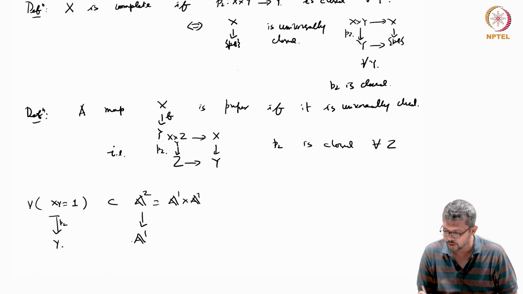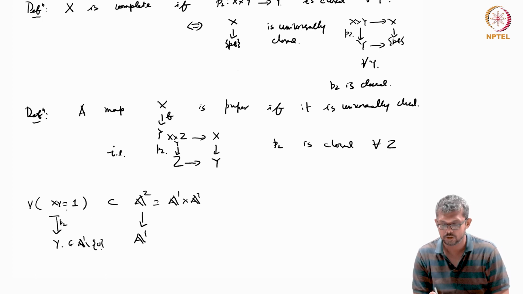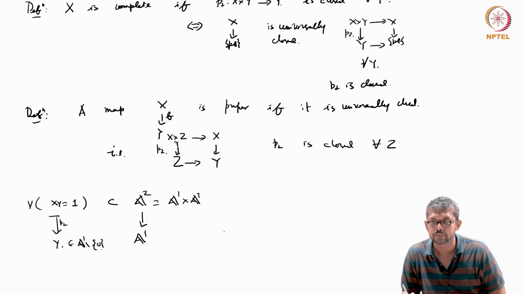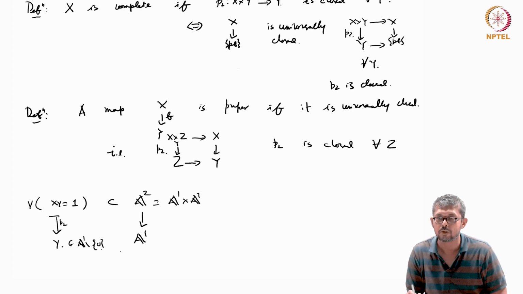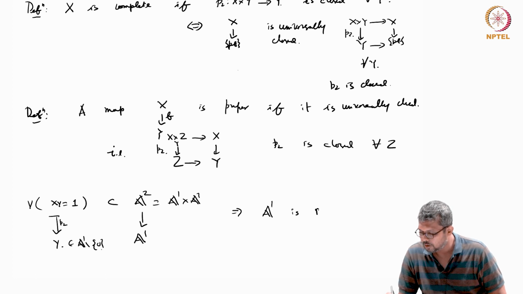Then the image is A1 minus 0, which is not closed. The image is not closed. That will say that A1 is not complete, because this is a fiber product, A1 cross A1 with A1 to a point. So this will imply that A1 is not complete. In the same way, you can show that the affines are not complete.